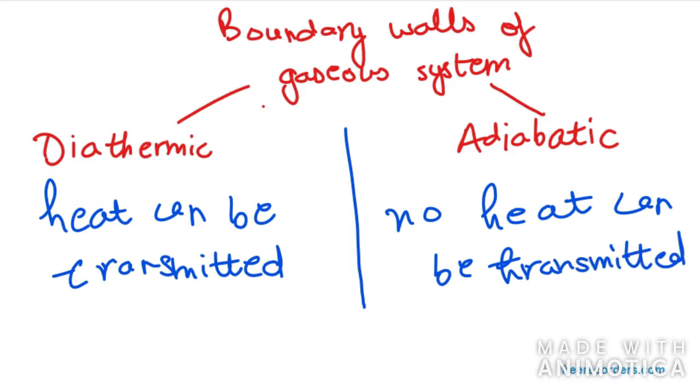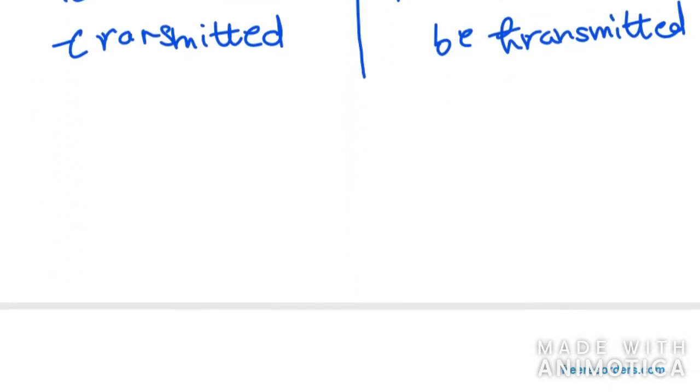Now we need to know about thermodynamical states. The thermodynamic states can be described by the properties of the system such as composition, like what they are made up of.